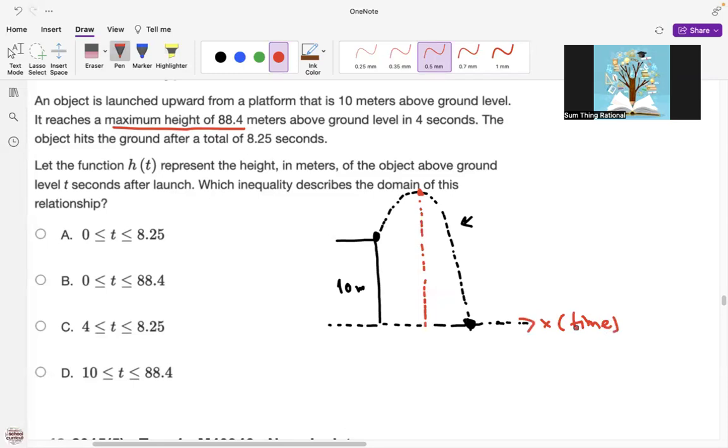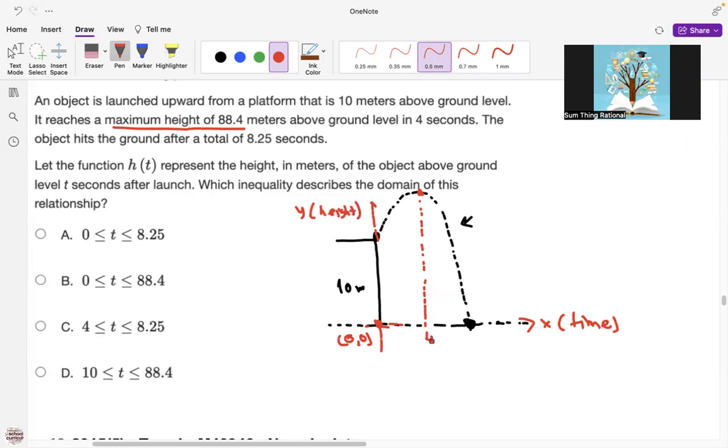And let's assume there's a vertical axis here. Since the object is thrown at time 0, we assume that this is 0, comma 0, which is the origin. The y-axis is the height of the object.